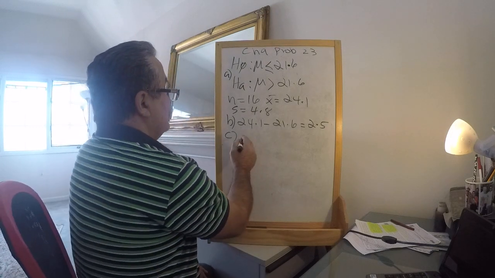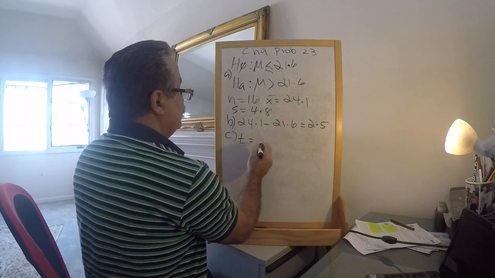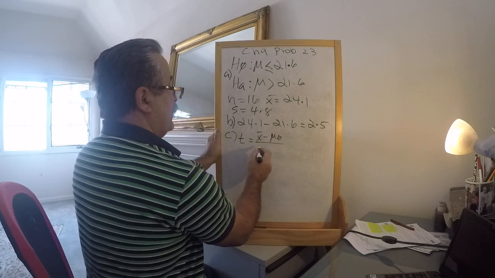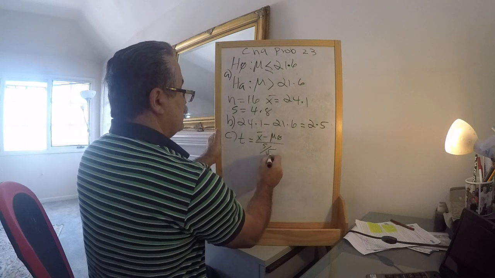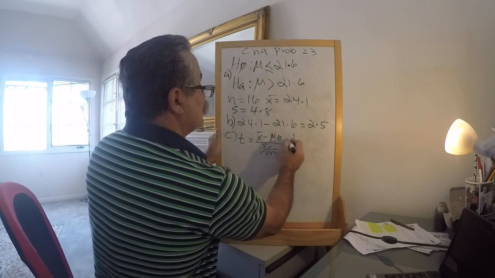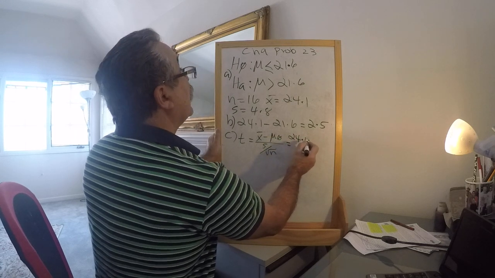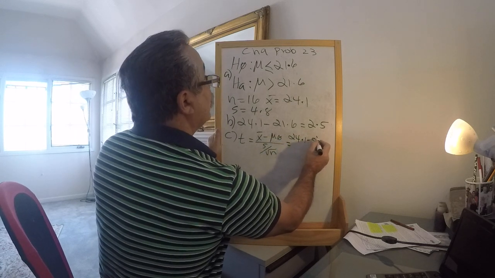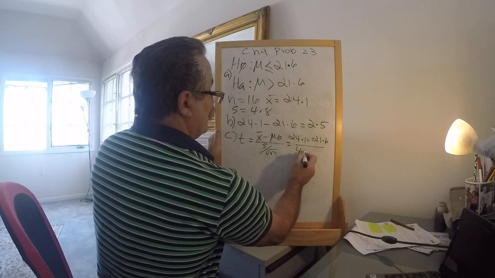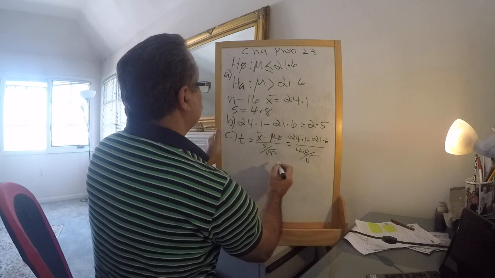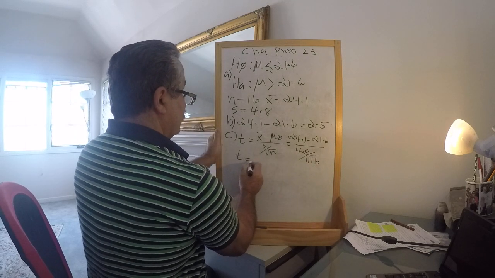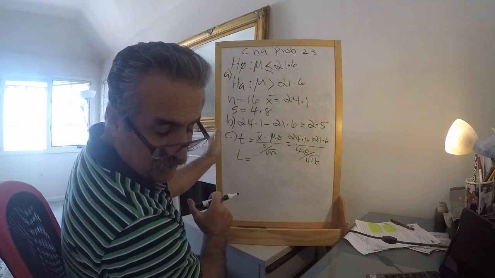So T is equal to x bar minus mu sub 0 divided by s over square root of n. X bar is 24.1 minus 21.6 divided by 4.8 over square root of 16.